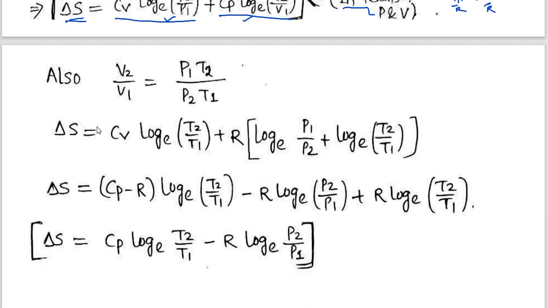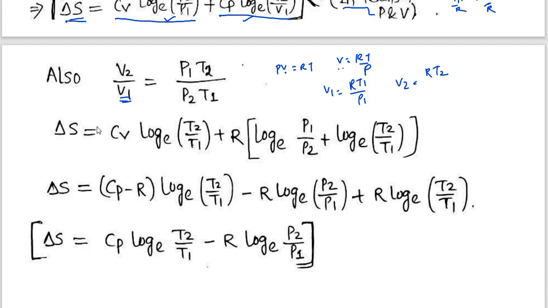Okay, this is another way we can find it easily. So what is V2 by V1? Same from the ideal gas equation, PV equal to RT, so V equal to RT by P. So V1 equal to RT1 by P1, and what is V2?